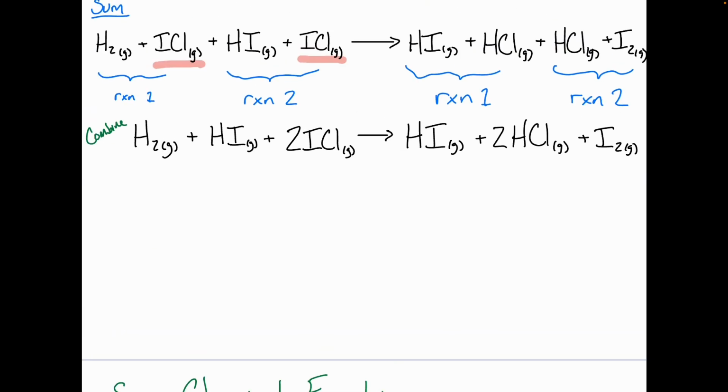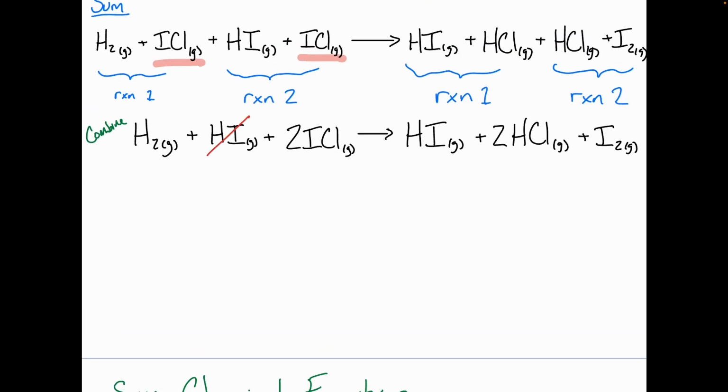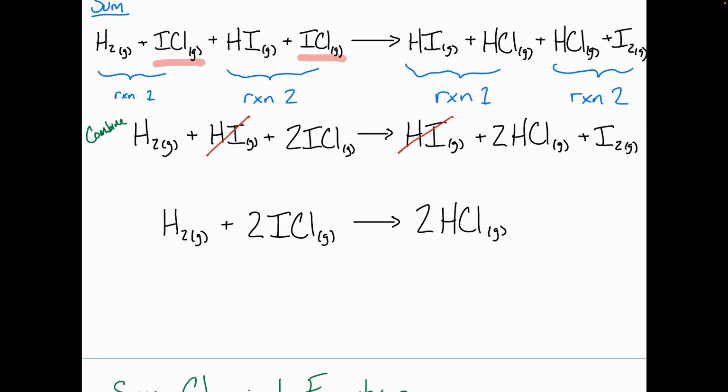All right, so like I said, we have the HI on both sides, so that can cross out. And so we see that our reaction simplifies to that same reaction we said at the top we were trying to study.